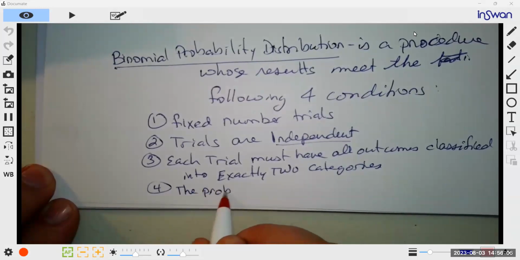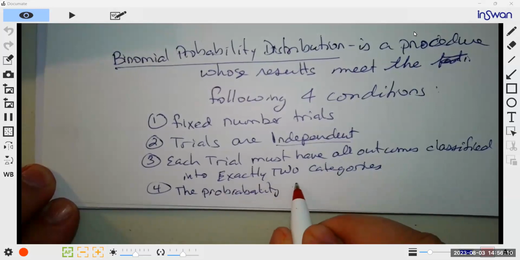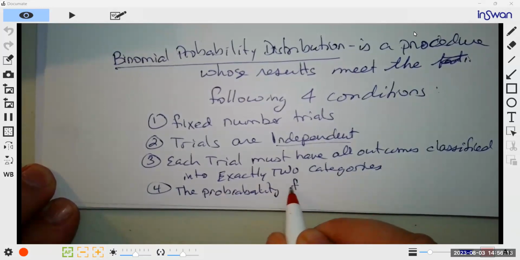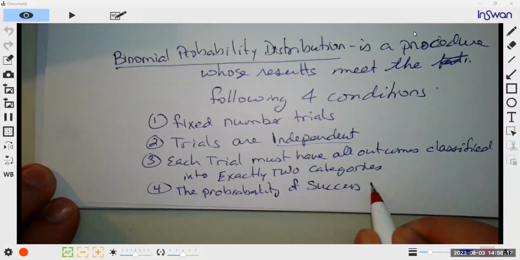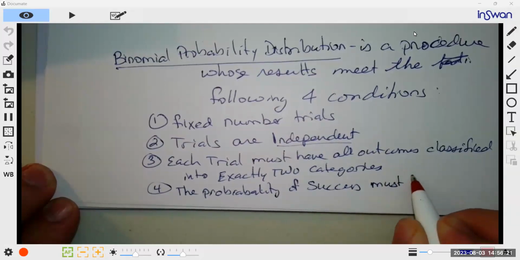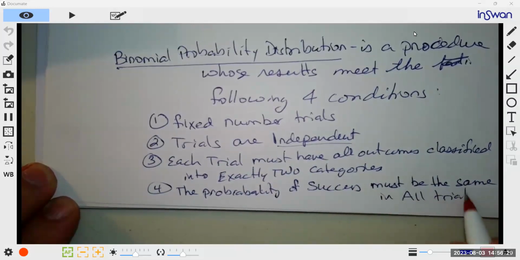And lastly, the probability of a success must be the same in all trials.